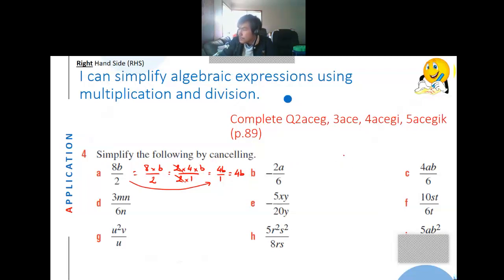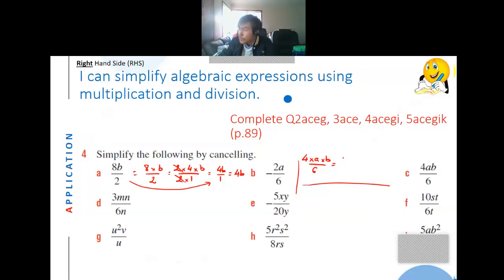Okay, for C, now I don't have much space here, so I'm going to write on this side, okay? This is for C. Okay, so we have 4 times A times B over 6. Now, what number can go into both 4 and 6? That's 2.